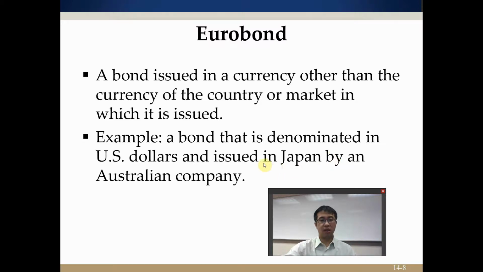It can be issued by an Australian company, a Japanese company, a Chinese company, an Indian or Russian company. The issuer's nationality does not matter in this case. So we only focus on two things: one is the currency of the bond, the second is the issue place of the bond. Okay, so that's the PowerPoint file for this chapter 14.